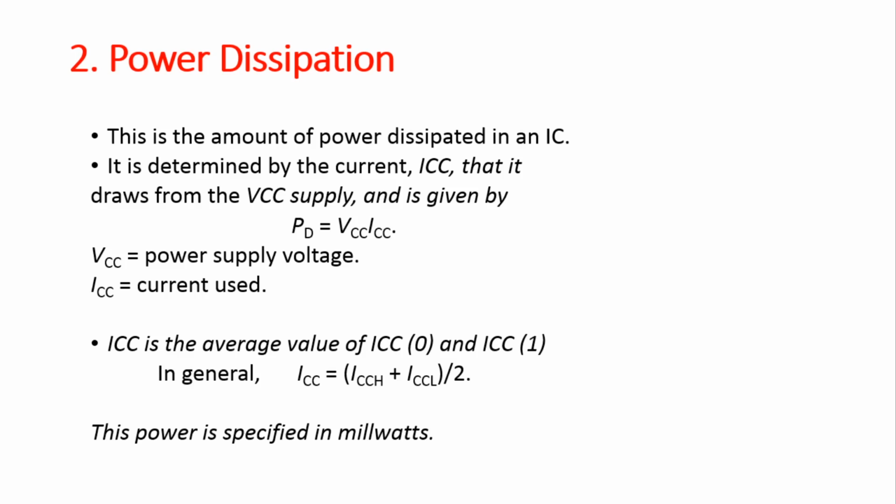ICC is the average value of ICC0 and ICC1. In general, ICC is equal to (ICCH plus ICCL) divided by 2. So this is the equation which gives the value of ICC, and this power is specified in milliwatt.